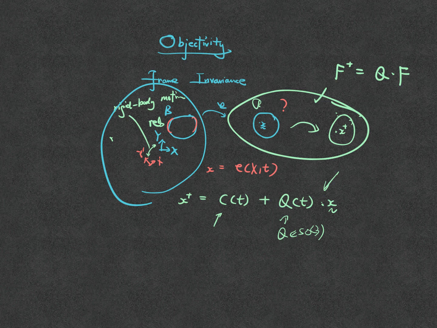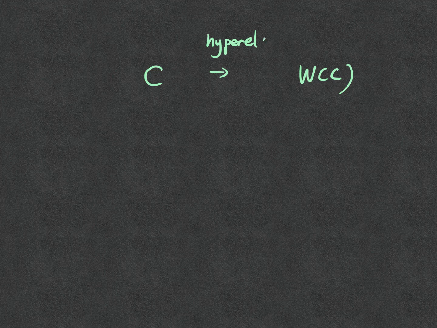I want to write a model in terms of C. I want to write a model that takes C as an input and outputs the energy that is stored by the deformation described by C. Okay, so this is one way of writing a model, and this is called a hyperelasticity model.